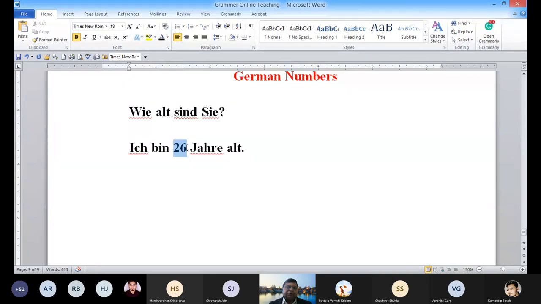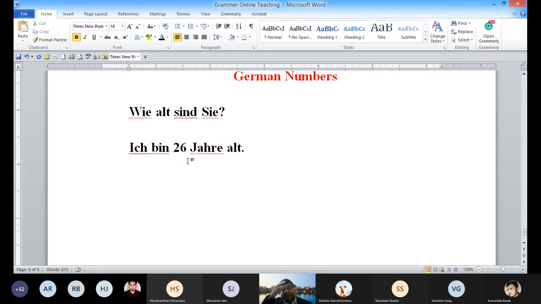So this is 26. How do we read this 26 in German? Yeah, exactly. As I have told you, after 20 we start reading, and in German when two-digit numbers are there, always start from the right side.